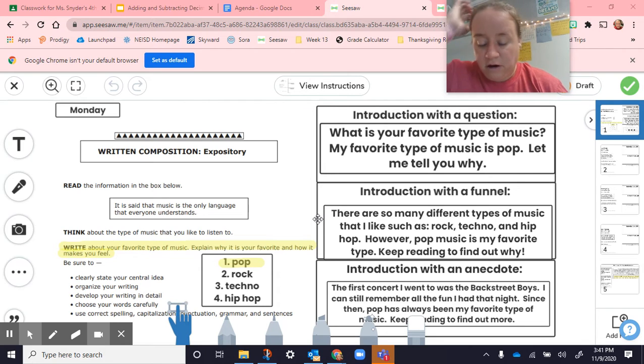It was like, I have a lot of favorite types of music, such as rock, techno, and hip hop. However, pop music is my favorite.